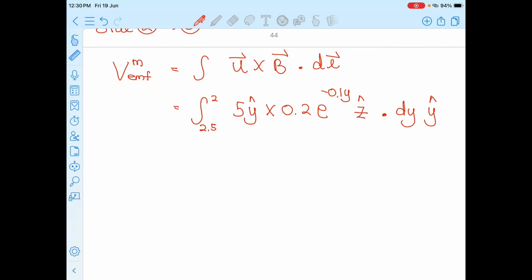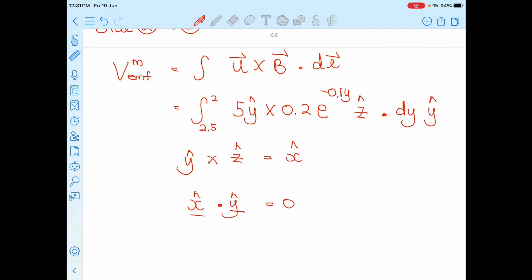Let's simplify our cross product for the unit vectors. So we get x, and the x is going to dot product with the y. Remember, when you dot product two unit vectors in different directions, you get 0.